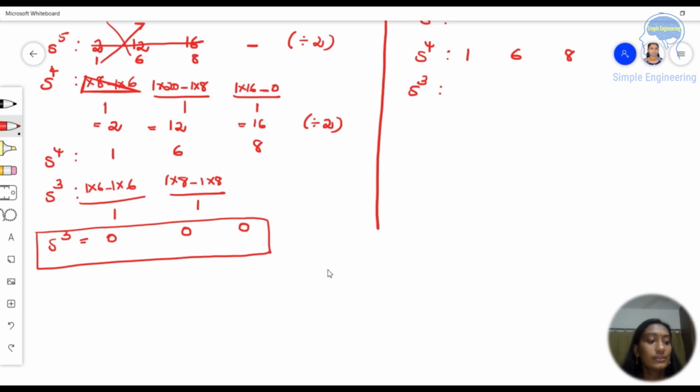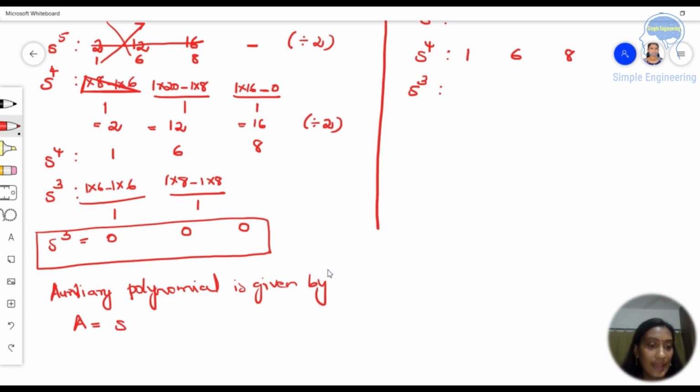So if such kind of condition occurs, you have to find the auxiliary polynomial. The auxiliary polynomial is given as: you take the s power 4 row, which is 1, 6, 8. So A is equal to s power 4 plus 6s square plus 8.